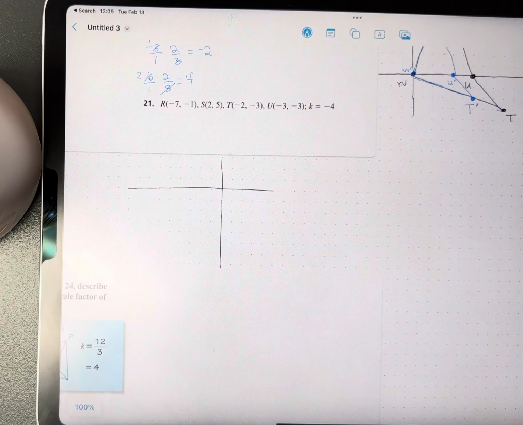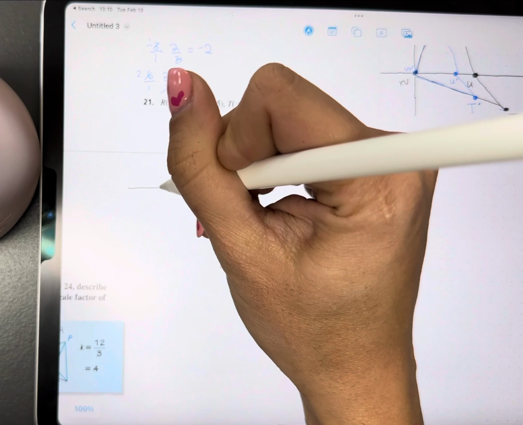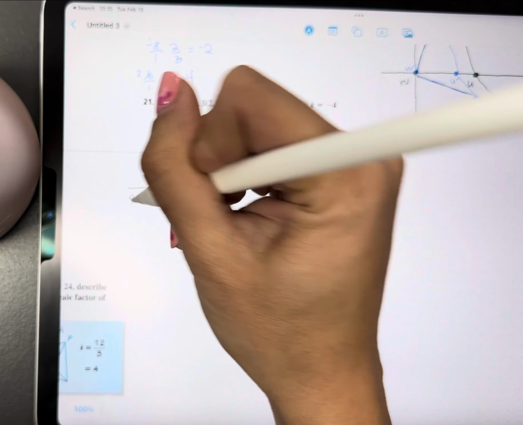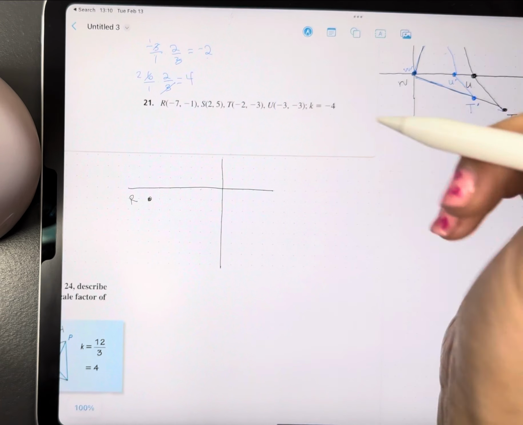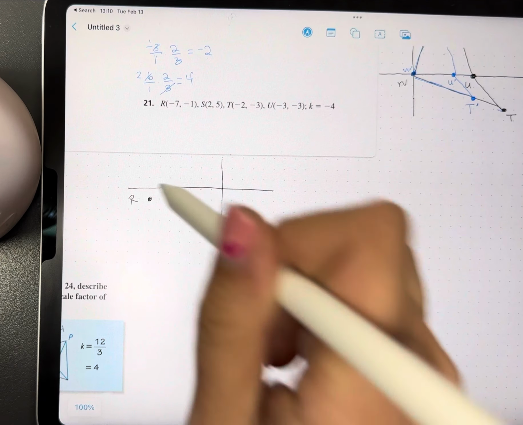Let's do that and see what happens. So, -7, 1, 2, 3, 4, 5, 6, 7, -1. Here is R. S is 2, 5, 1, 2, oh shoot, but then the scale factor is negative and everything's gonna flip and I'm gonna need all this stuff again.